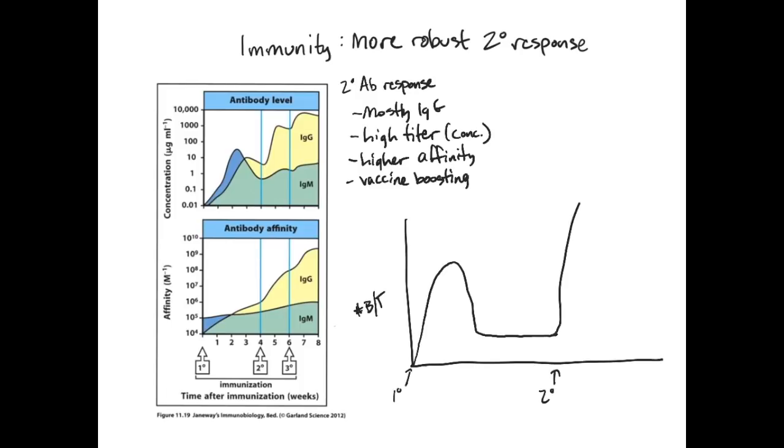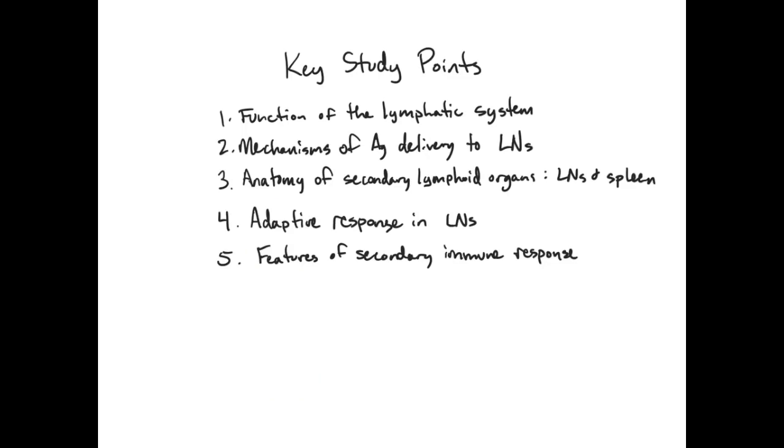And these memory B and T cells, when they see the pathogen a second time, respond faster and more robustly. And this is the cellular basis for the memory response. Whereas a primary response by the adaptive immune system is delayed, a secondary response by the adaptive immune system is immediate.